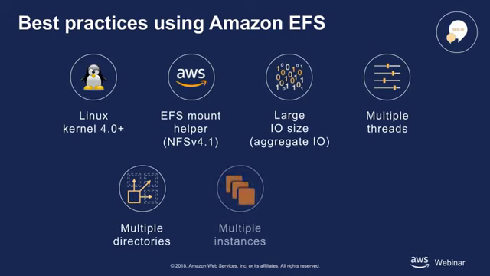And as you might expect, using multiple instances also takes advantage of the distributed architecture of EFS. And finally, make sure to monitor your EFS usage and performance so that you can understand if there are any opportunities to tune your application or workflow to maximize your experience with EFS.